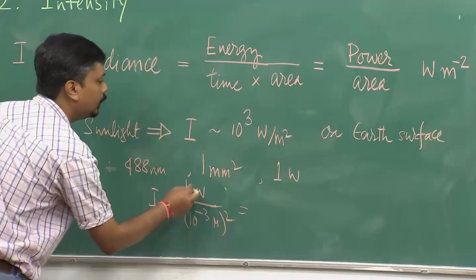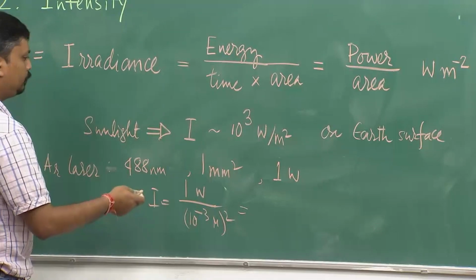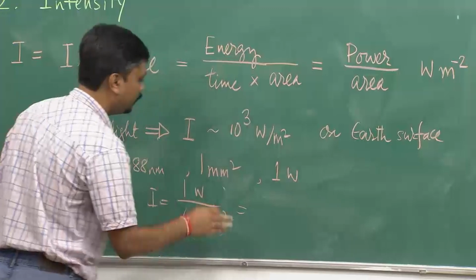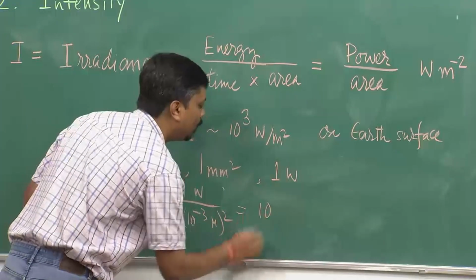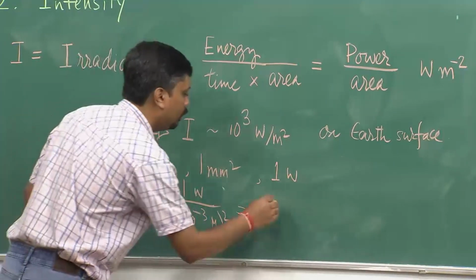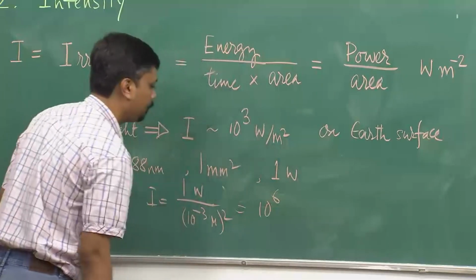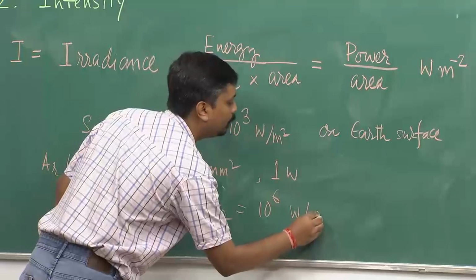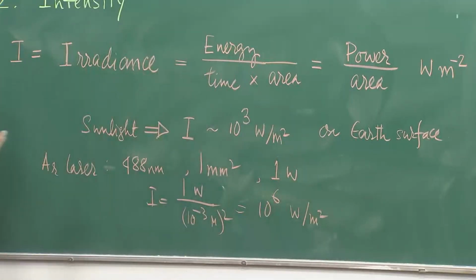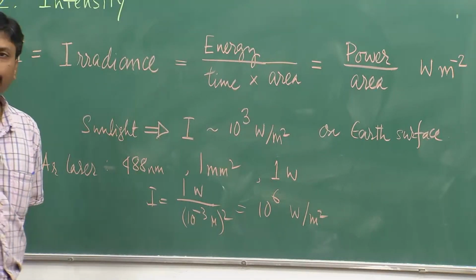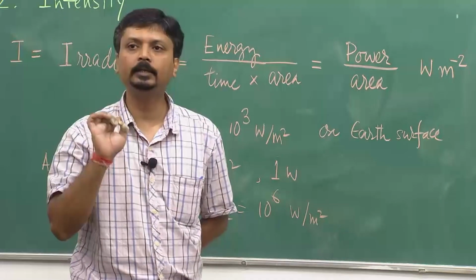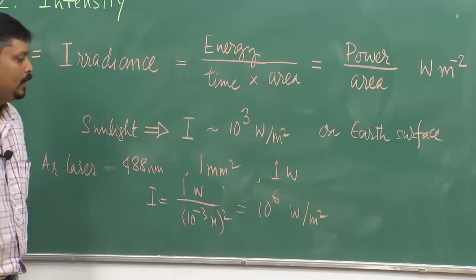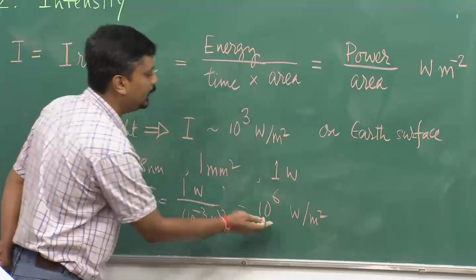Essentially, this will be 10 power 6 watt per meter square. So, a beam of argon ion laser which has an average power of 1 watt and a beam width of 1 millimeter square has an irradiance of 10 power 6.